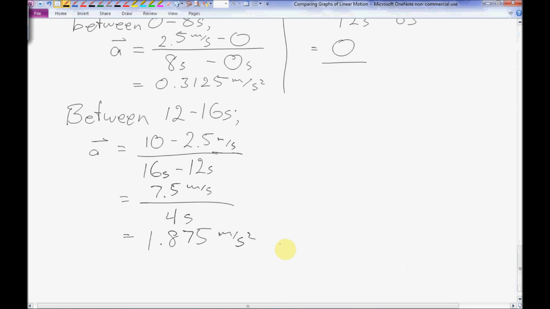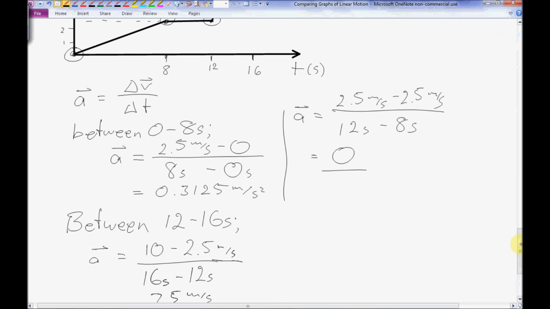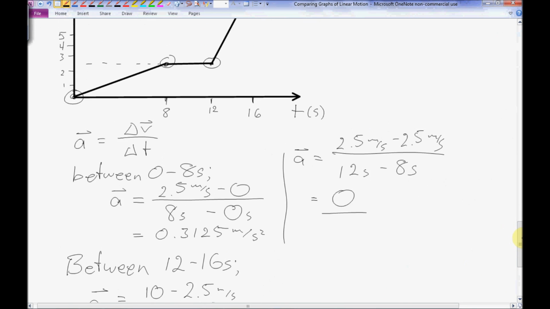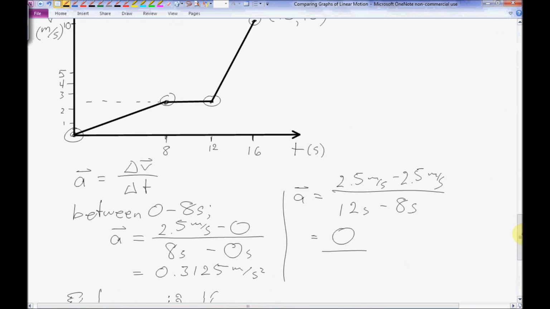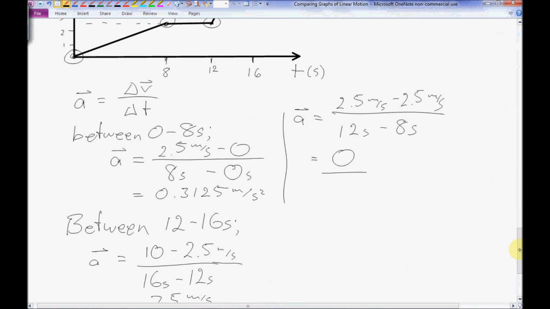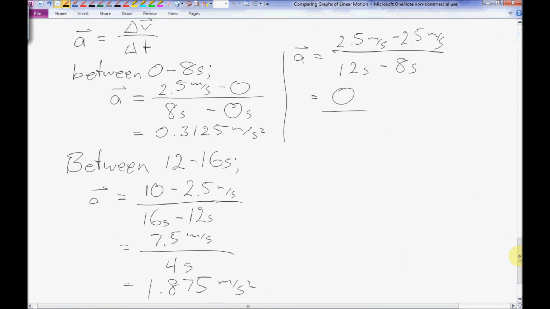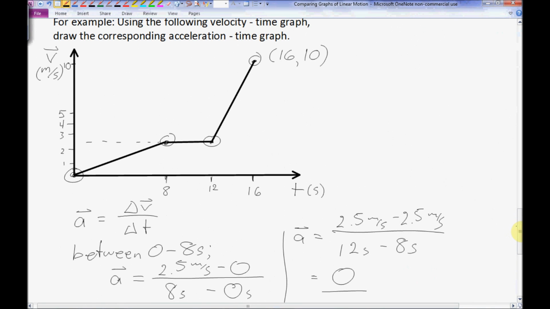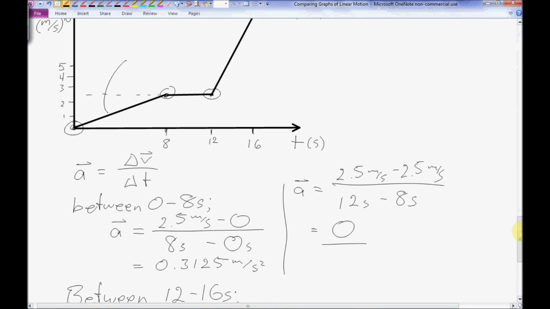Okay, so I've just put together 3 different accelerations for 3 different stages through this graph. During this stage of the graph, the acceleration we calculated to be 0.3125 meters per second squared.